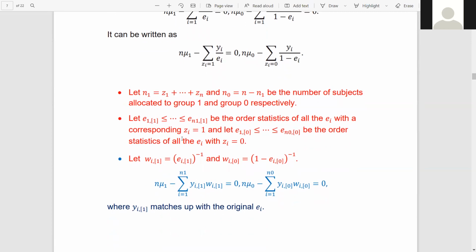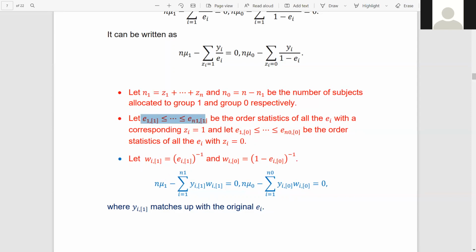So then we're going to do the order statistic of this propensity score. Since we have N1 subjects in treatment 1, if we get all these corresponding EI, we have N1 of this EI. So we're going to put them into order statistics.